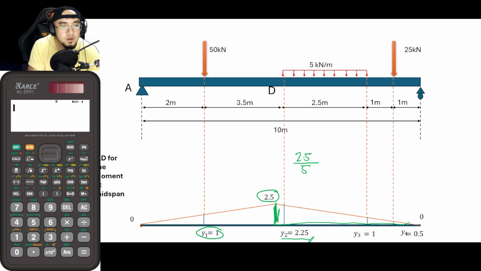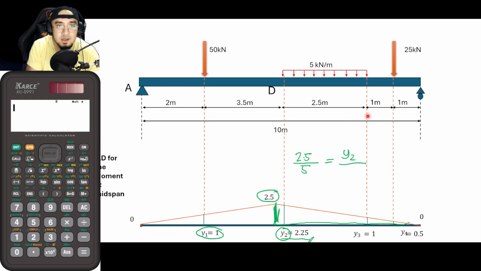Okay? So with that ratio, that is now equal to, let us name this once again as y2, y2 divided by the distance x.